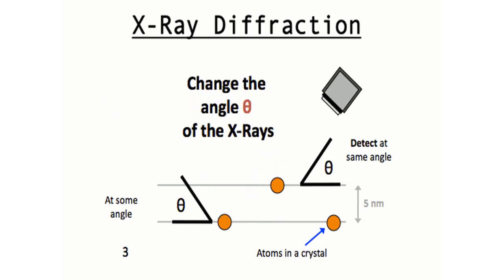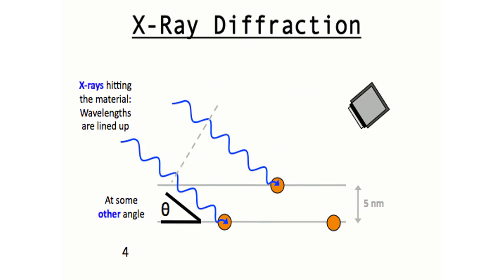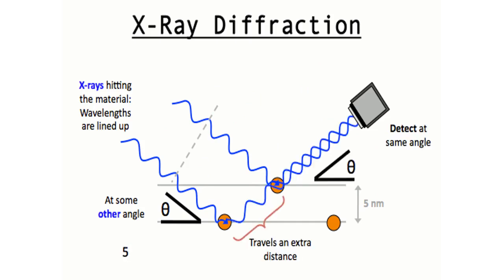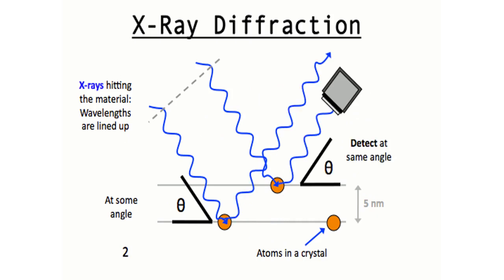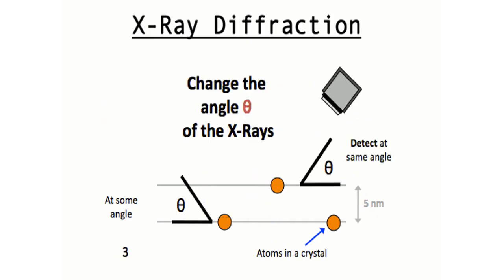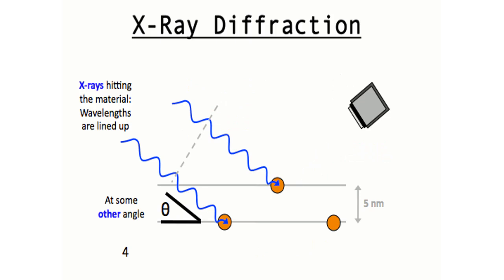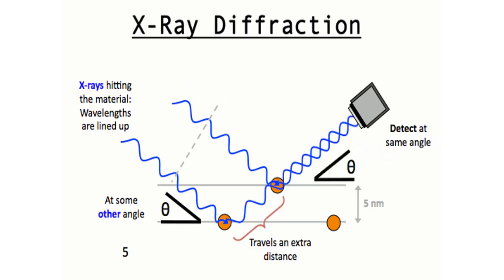When the parallel rays interact with the crystal, and if they move parallel to each other towards the detector, then they will interact constructively.